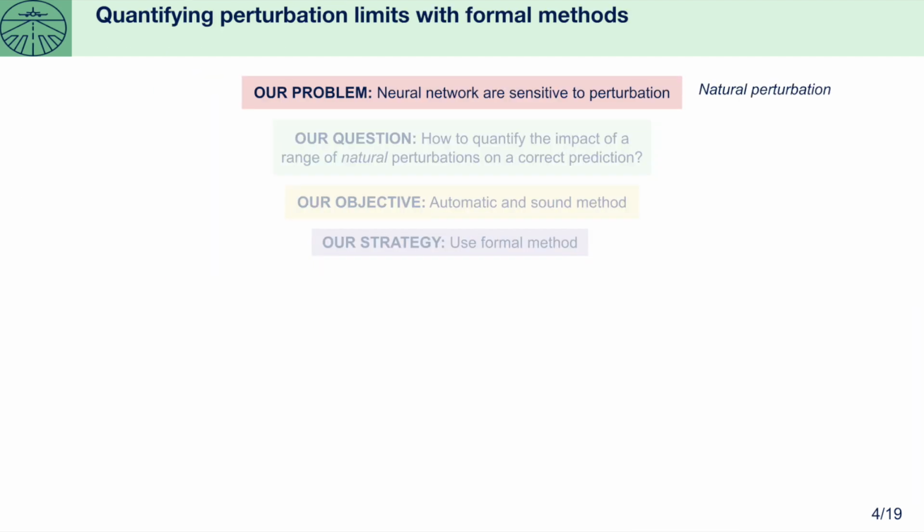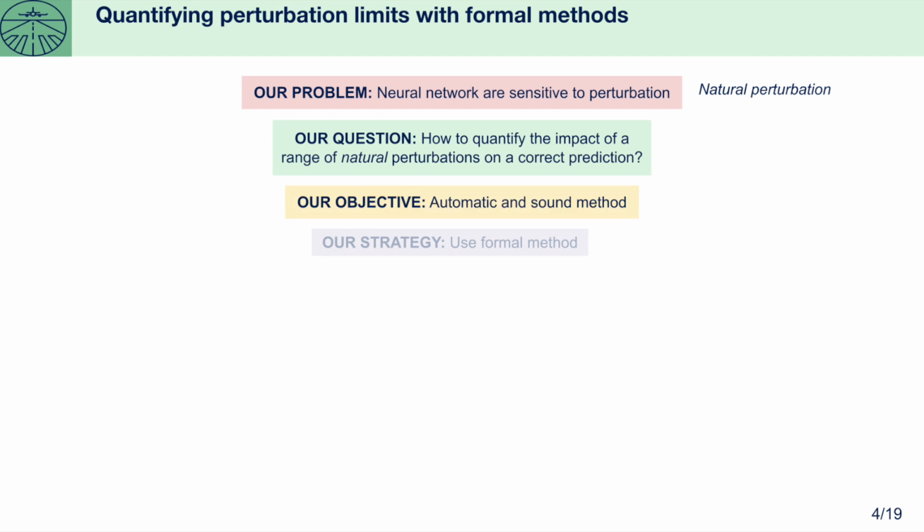So our problem is that neural networks are sensitive to perturbations. Here we consider natural perturbations as plausible perturbations. And our question is, how do we quantify the impact of a range of perturbations on a correct prediction?